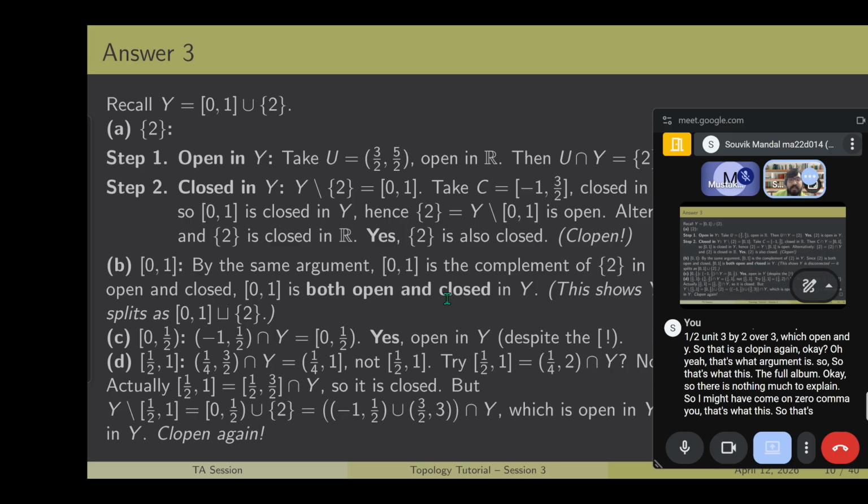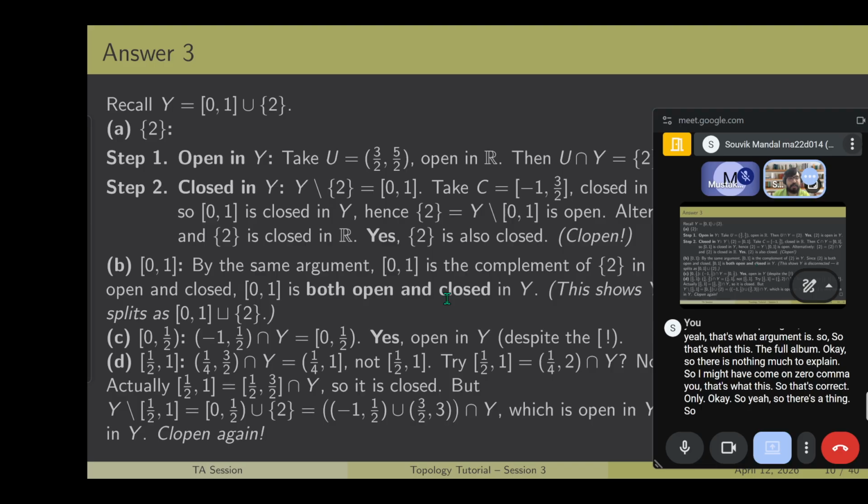So that's correct only. Okay. So yeah, that's the thing.